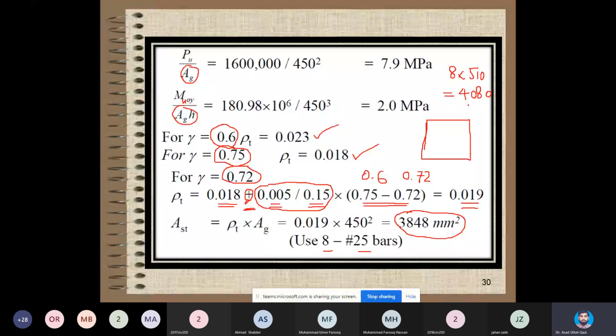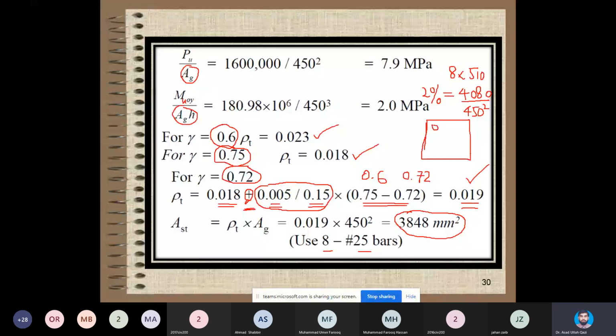And when I now calculate the reinforcement ratio in the actual column, I should divide this selected 4080 by 450 squared, and I get that in the actual column the reinforcement ratio is 2%. Although my calculation is 1.9, the nominal chart of nominal sizes tells me that with 8 number 25 you will get 2% steel. So it is a satisfactory decision.